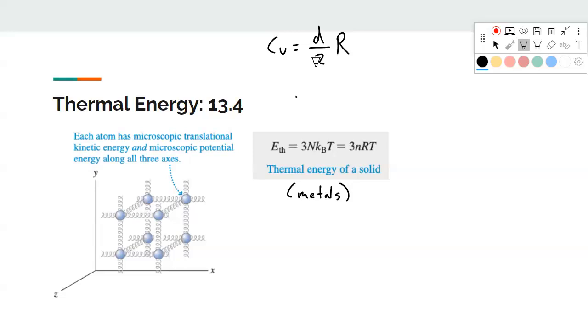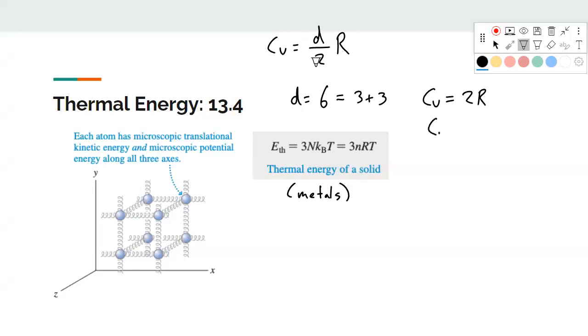And so the D that we get here is 6, right? So 3 plus 3. There are 3 ways that it can move and get kinetic energy, and then there are 3 ways it can move and get potential energy. 3 plus 3. And so the constant volume heat capacity for a metal is 2R.